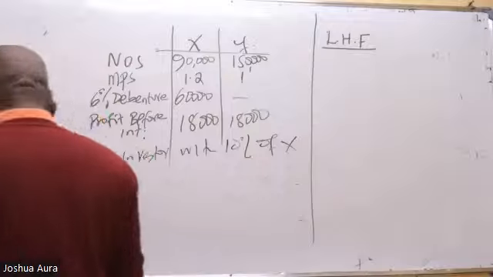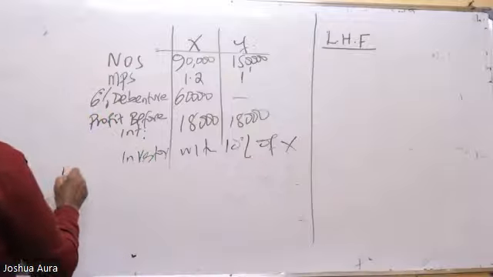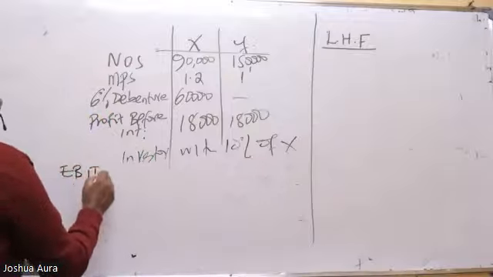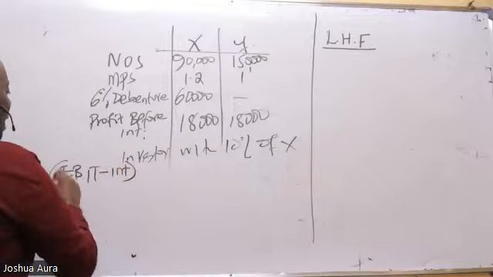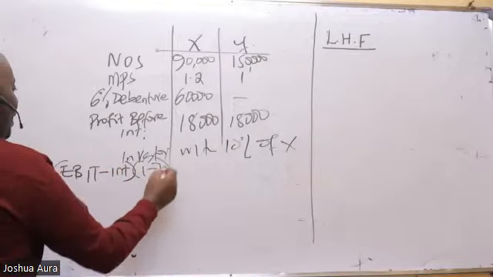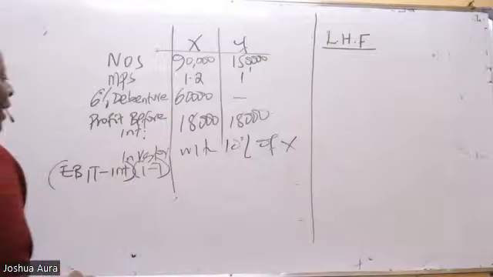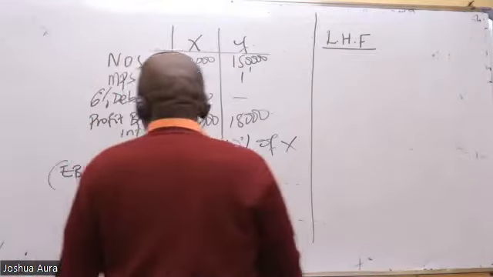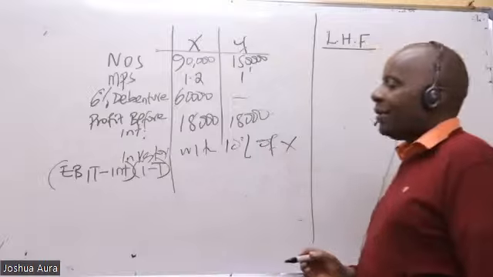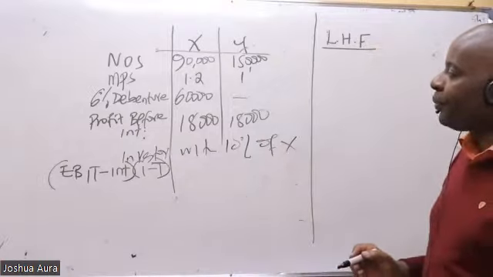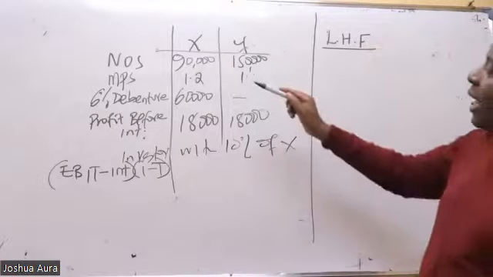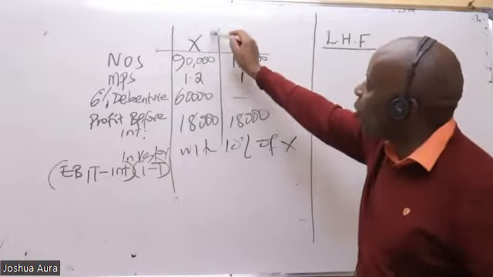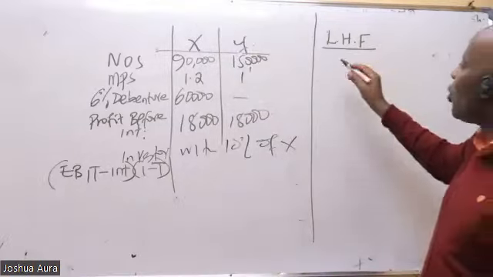For me to get earnings per share of each company, I need to take EBIT minus interest, and when we are given tax, we tax this figure and it becomes profit after tax. Now, what amount will company X pay as interest?